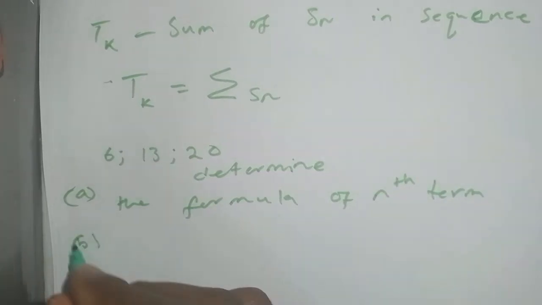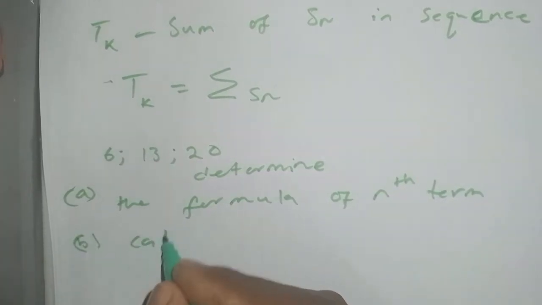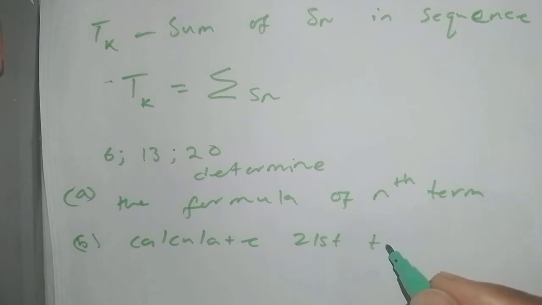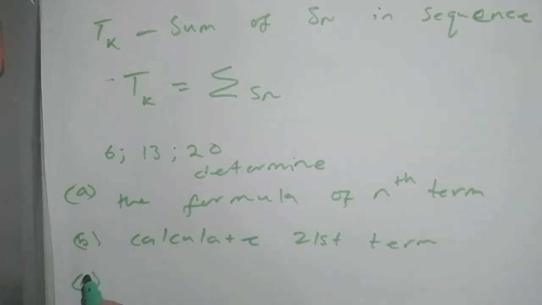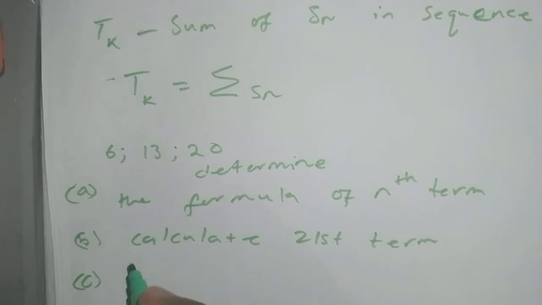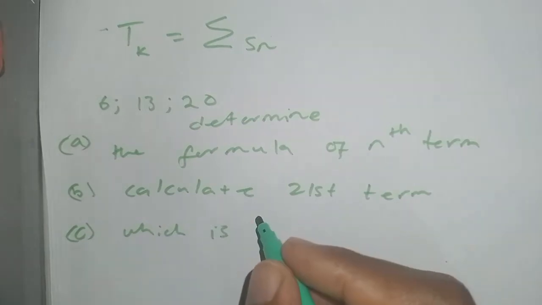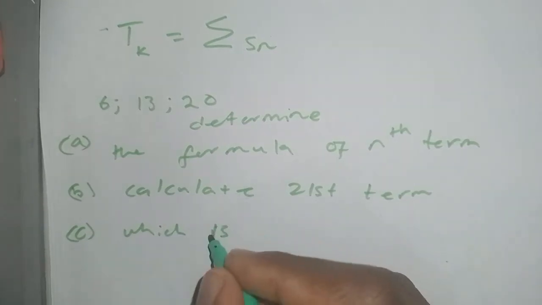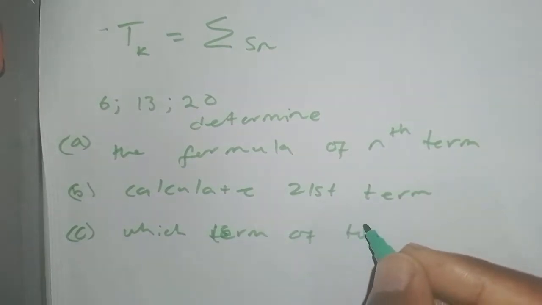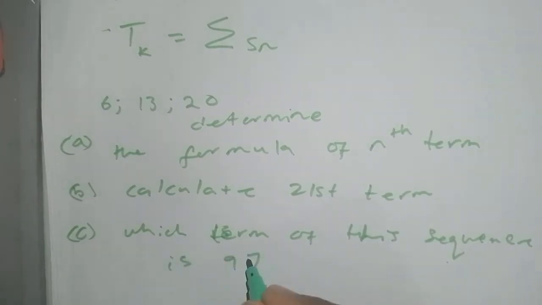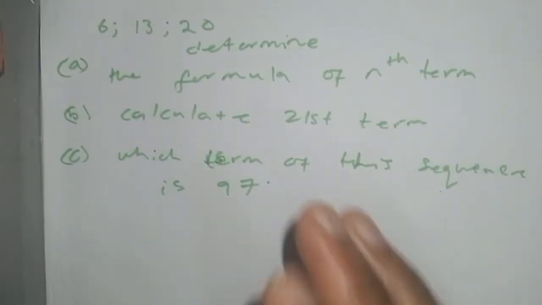B, calculate the 21st term in the sequence. C, determine which term of this sequence is 97. Right, then we need to calculate that.